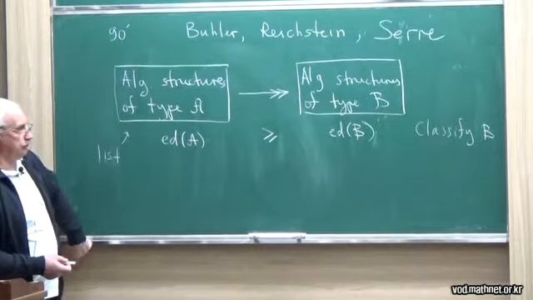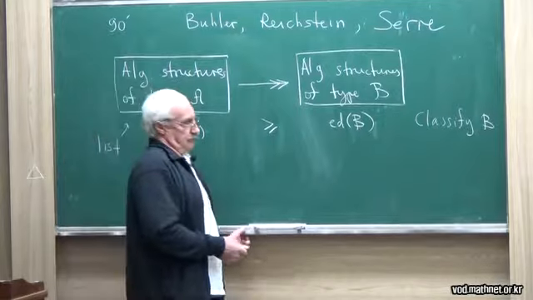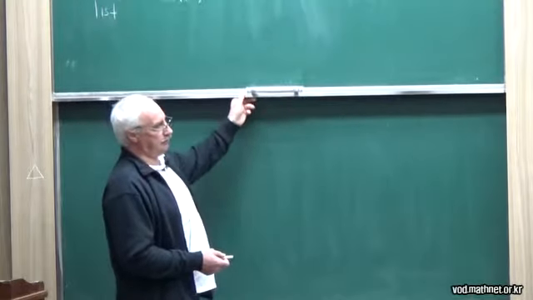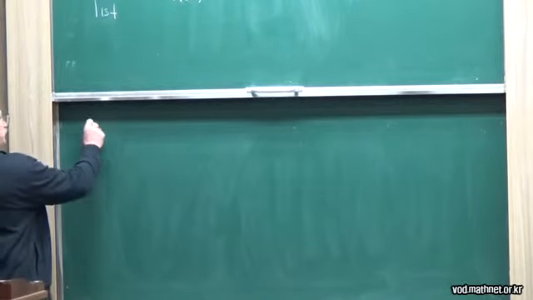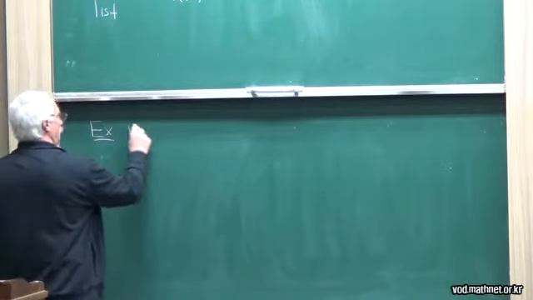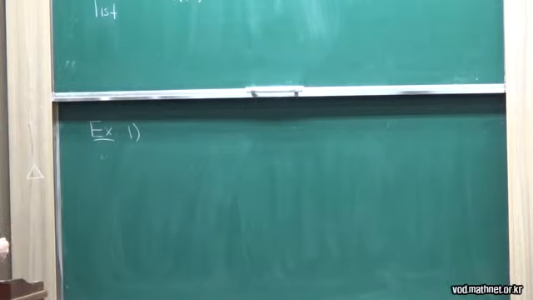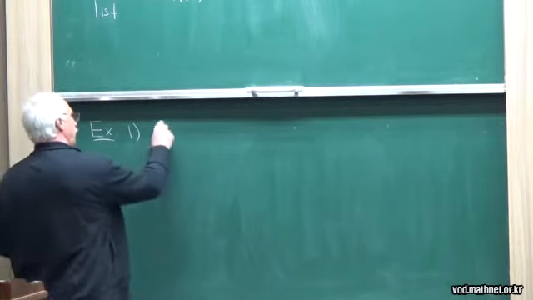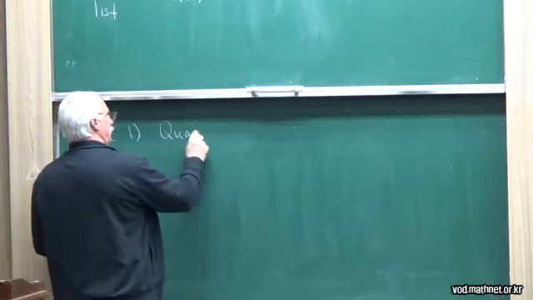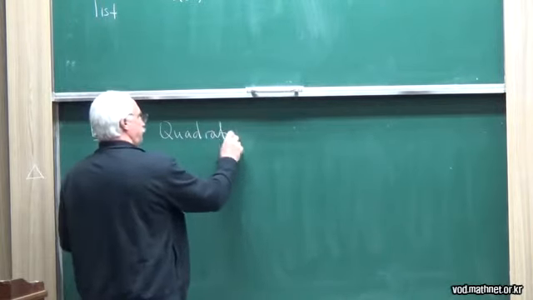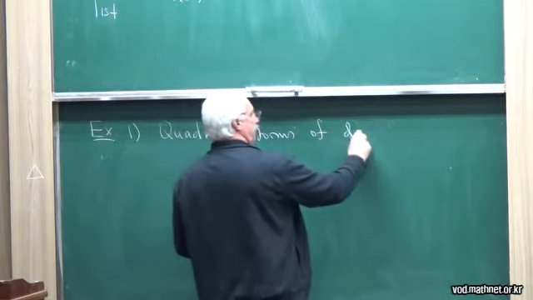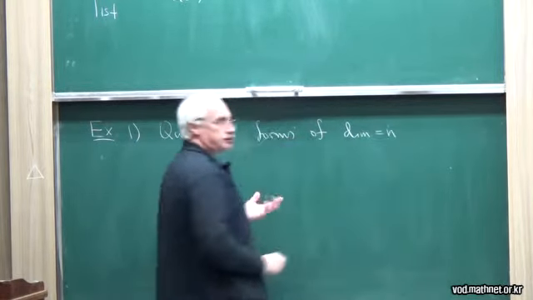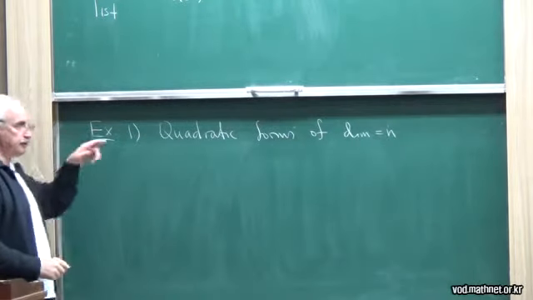Okay, now I would like to give some ideas of how to define those numbers. Well, let me do the first example. We look at the quadratic forms of dimension n. Well, a quadratic form is a homogeneous polynomial in n variables.